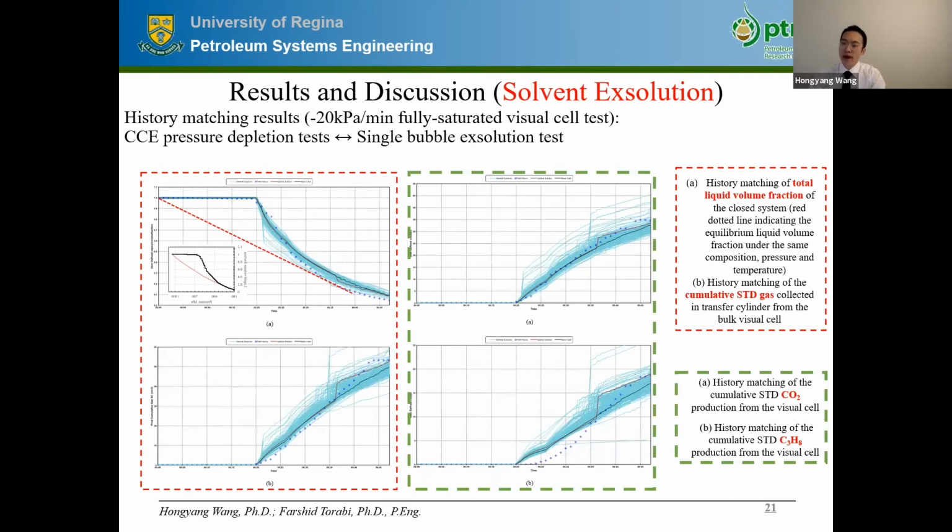We also used the CMOST optimization module to history match our experiments as well. It was found that by using the single bubble exsolution test results, we have also yielded similar history matched curves, just like when we used the MATLAB controlled reservoir simulator.